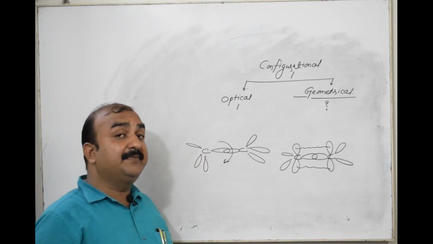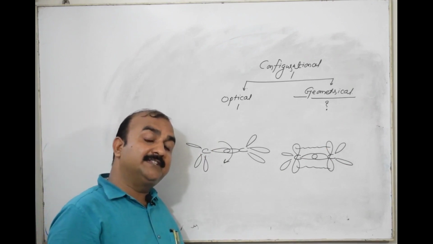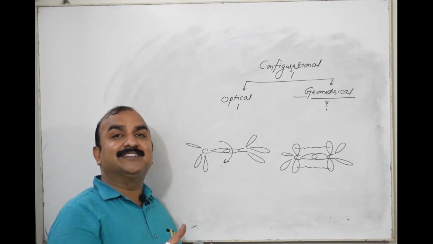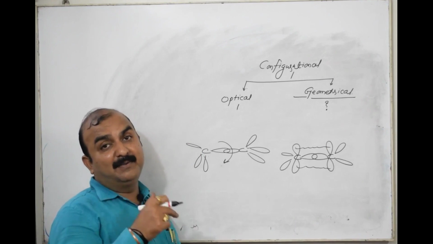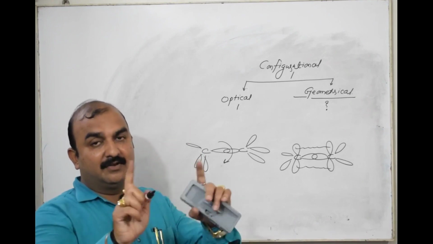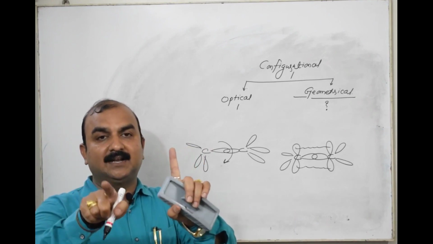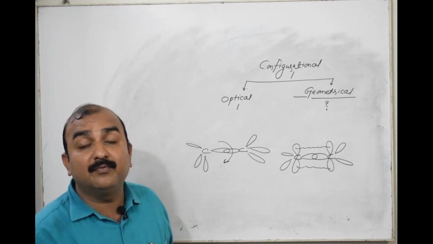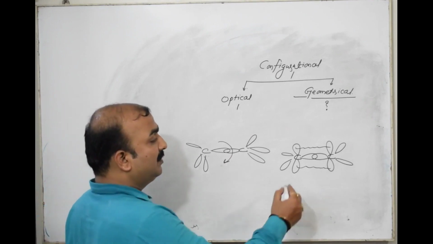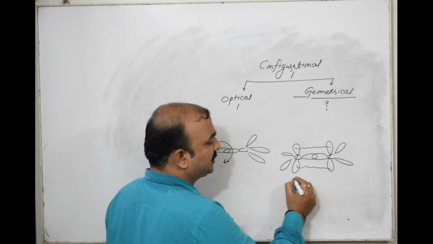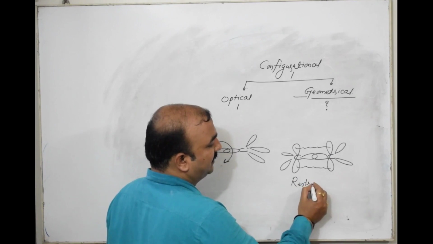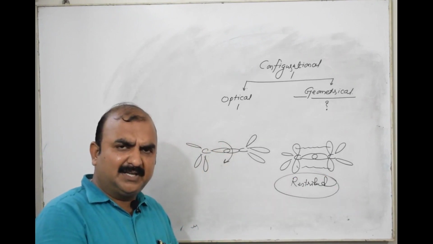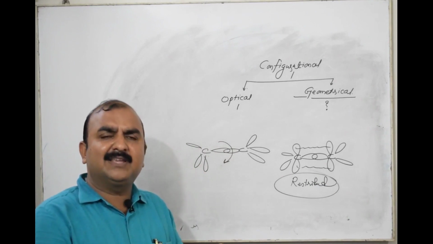So what is the difficulty in a pi bond which is not present in a single bond? In a single bond we can have free rotation, but in a double bond, if we do free rotation, one p orbital will be like this and another p orbital will be like this, the pi bond character will go and there will be no formation of a pi bond. So here we do not have full rotation, we have restricted rotation. What do you mean by restricted rotation? Up to some extent we can have a rotation.